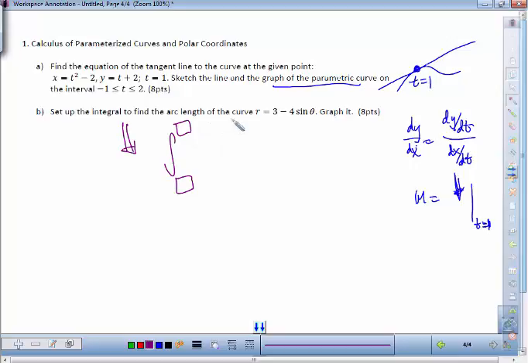And I think the formula is 1/2 r squared. Oh, that's area. Oh, good thing you have your sheet of notes to use, huh? I can't seem to memorize that.